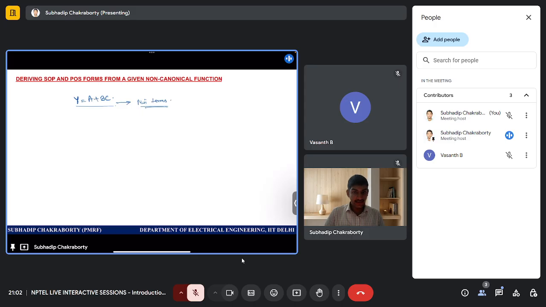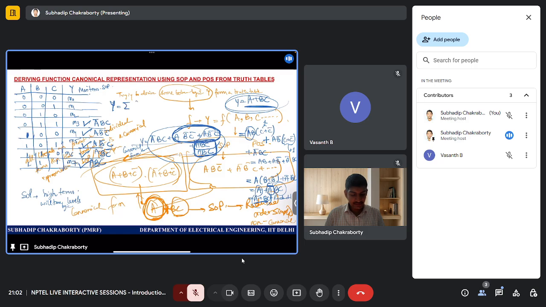If I don't give you the min terms, a function can also be represented like Y equal to sigma 3, 4, 5, 6, 7, or product form of 0, 1 and 2. Both are same, just as we saw.